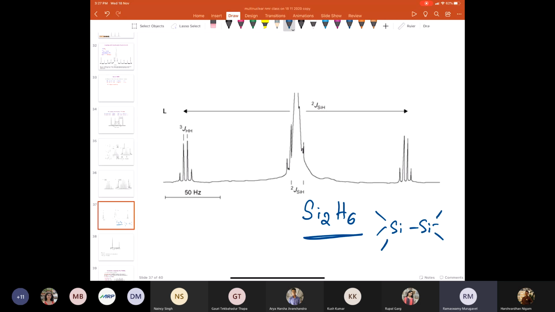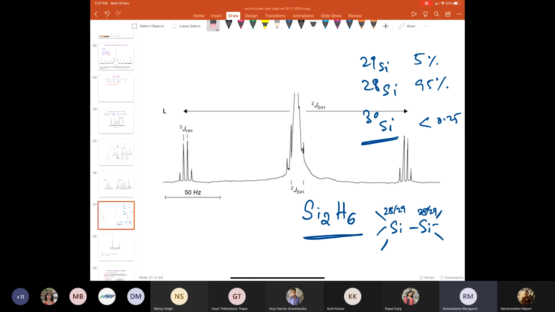Both are non-quadrupolar. 29Si, 28Si, and 30Si. 29Si is 5%, 30Si is negligible, less than 0.25%, and 28Si is 95% roughly. And this molecule can have either 28 or 29. So it gives rise to a spectrum such as that shown here.